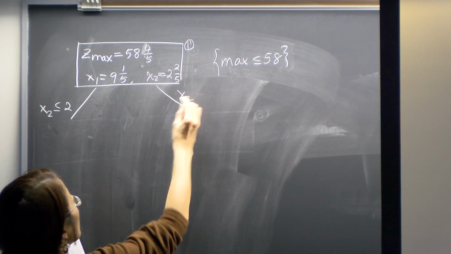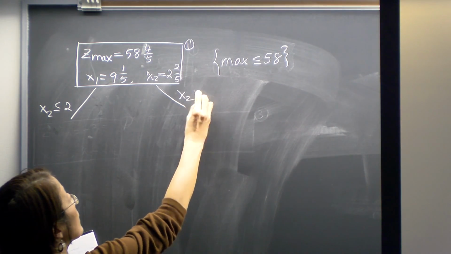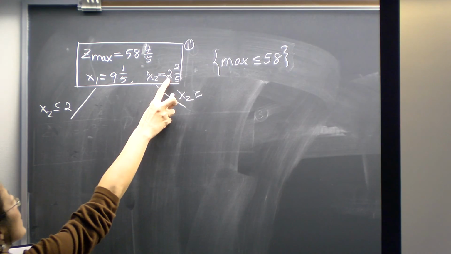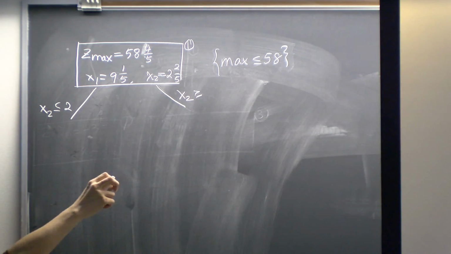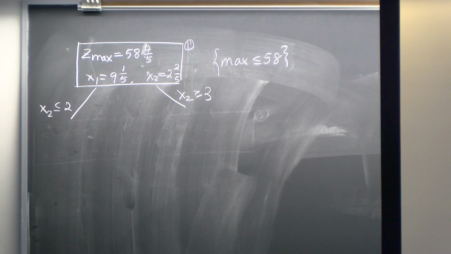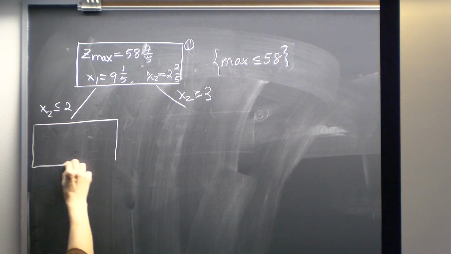And what should I put here? x2 bigger than... this is less than 2. This number is between 2 and 3, right? So the other one is the disjoint constraint, bigger than 3, right? So it exactly cuts that point out, and so you will have to find a new optimal solution.